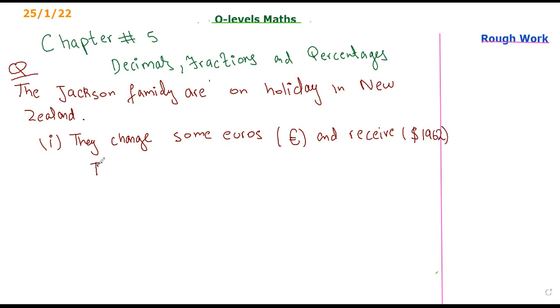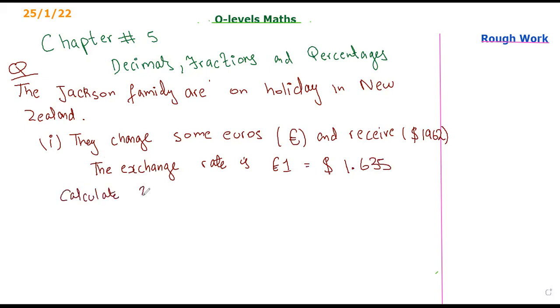Now the exchange rate is €1 is equal to $1.635. Now you have to calculate the number of euros they change.